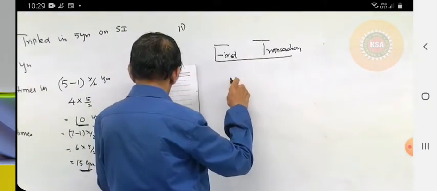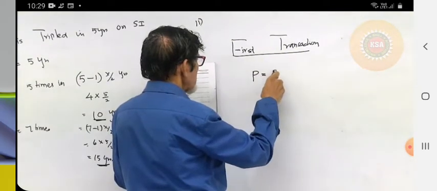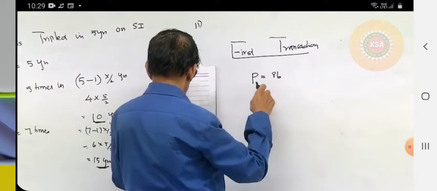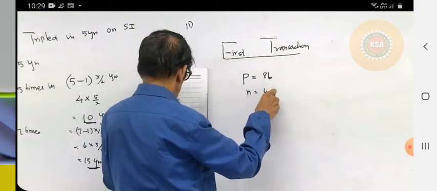Principal, a sum of rupees P 86, N 4 years.